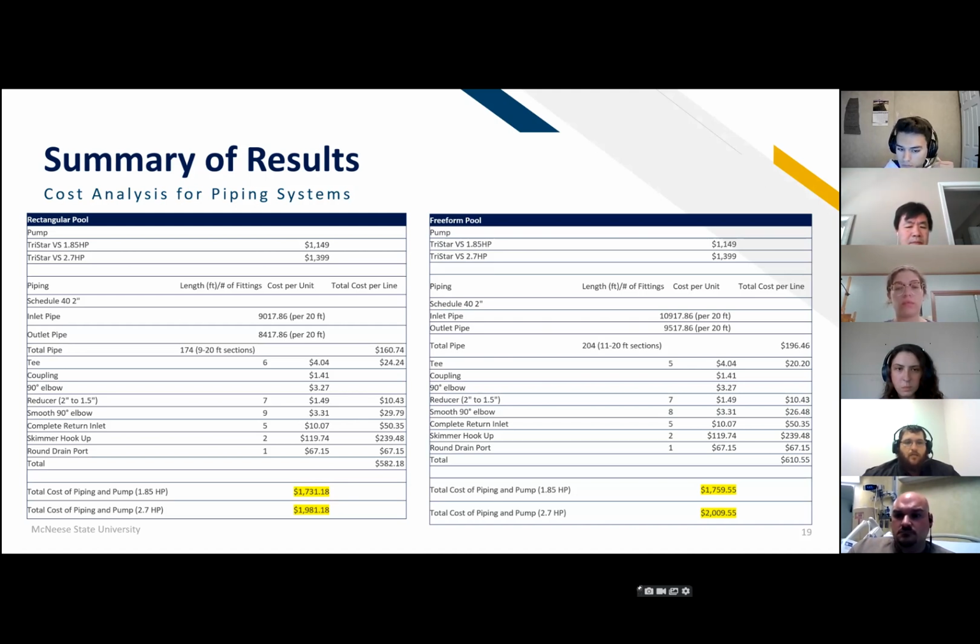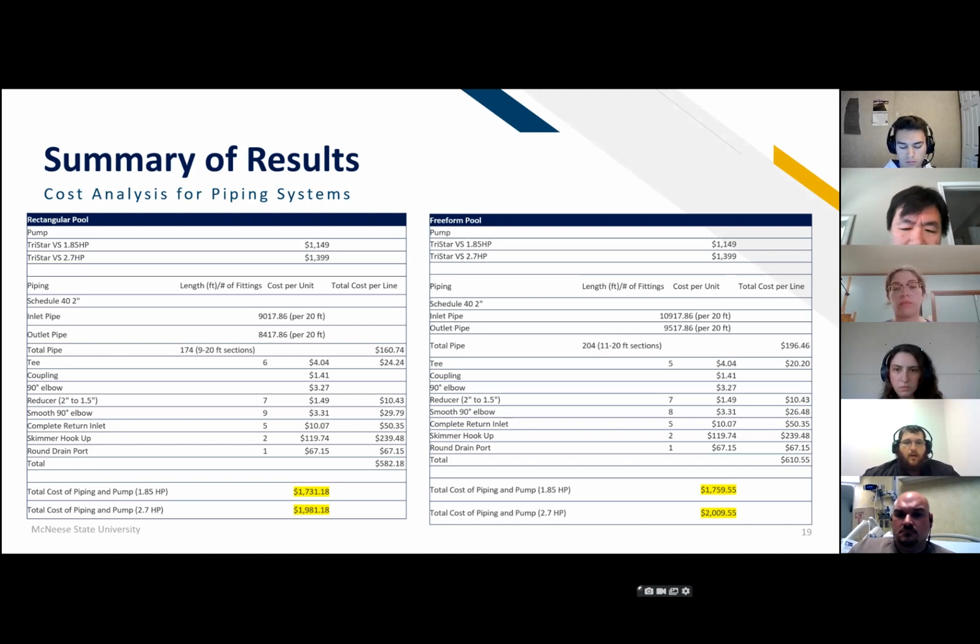it was determined that the cost for the piping system using a 1.85 horsepower pump was right around $1,731. And if you were to use a bigger pump at 2.7 horsepower, it would be roughly $1,981.